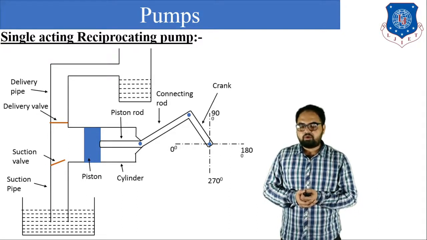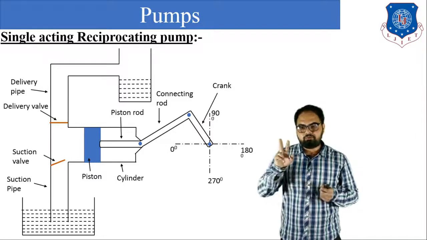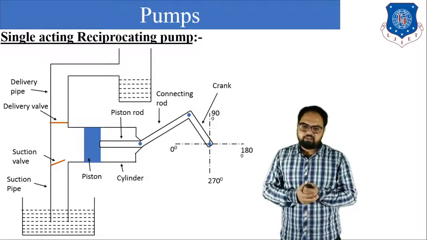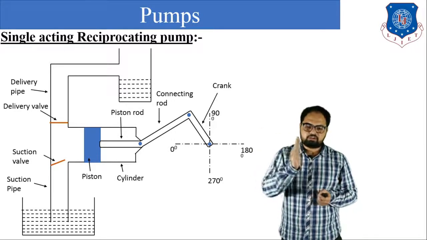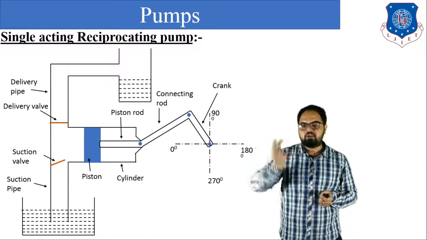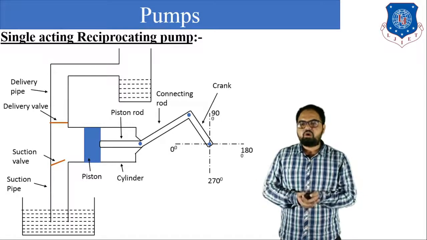We will get only an intermittent flow of the liquid, because of the two strokes, only one stroke delivers the liquid. During one stroke only suction of the liquid takes place, and during the other stroke only discharge of the liquid takes place. So the flow is not continuous in this type of pump. This is all about the single acting reciprocating pump.